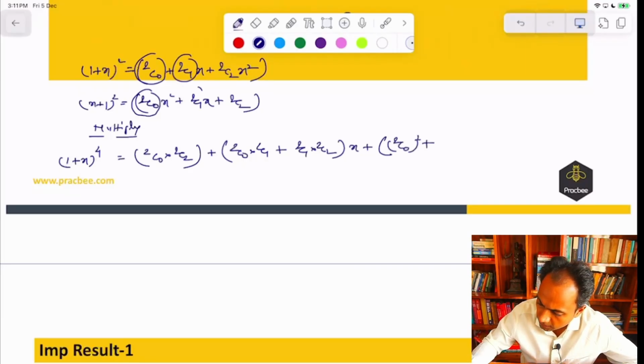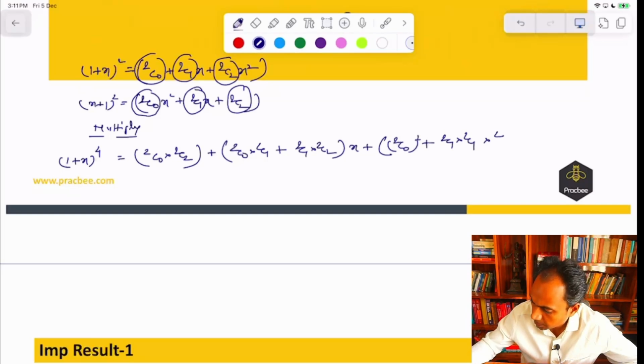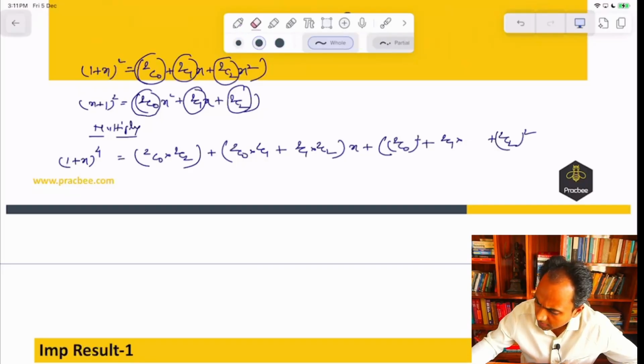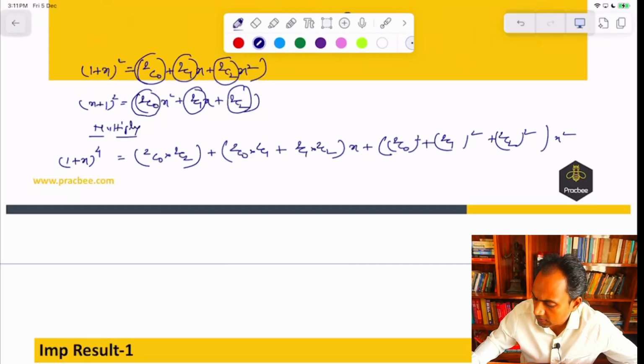Then 2c1 with 2c1, so 2c1 into 2c1. And then 2c2 into 2c2. This will become 2c2 whole square. Now even we can write this as 2c1 whole square. And so like this we'll keep on doing, and we'll get further a term of x cube and further a term of x raised to the power 4 as well.